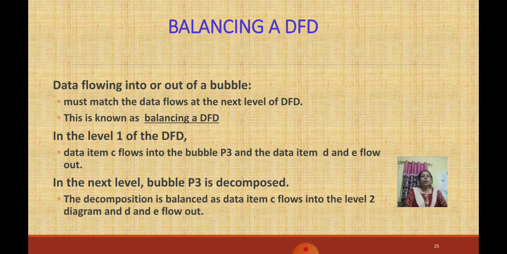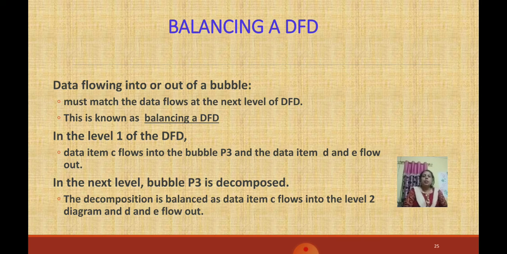In level 1 of the DFD, data item C flows to the bubble P3. Means this is an example. If C flows into bubble P3 and data items D and E flow out, means data item in is C and data items out are D and E.